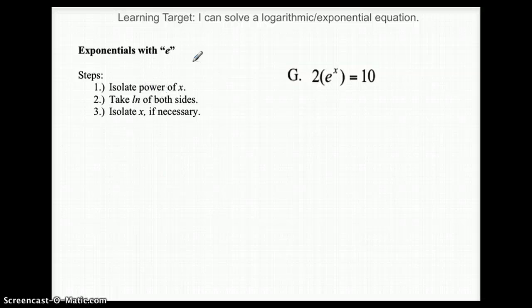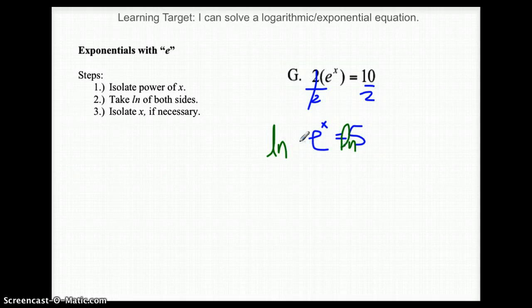Okay, now let's look at some that have e in them. Kind of the same idea. We want to get e by itself by dividing by that 2. So e to the x equals 5. But now how can I get rid of e? Well, remember that one spoke that I showed you? Throw a natural log in front of it. Literally, just write one in front. Just remember that if you do it to one side, you have to do it to the other.